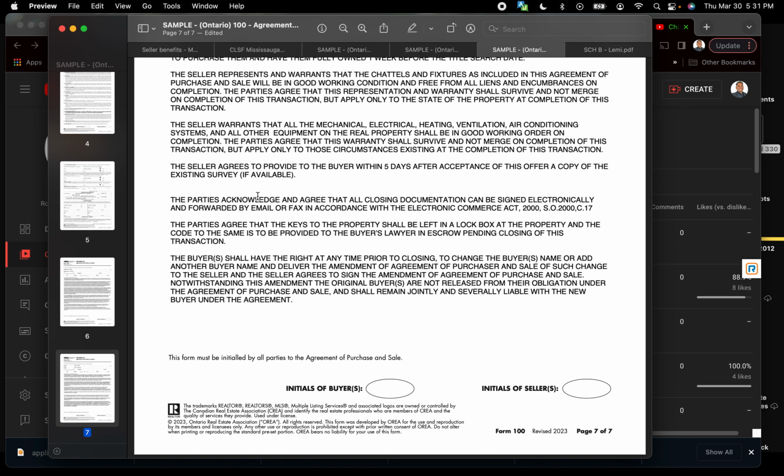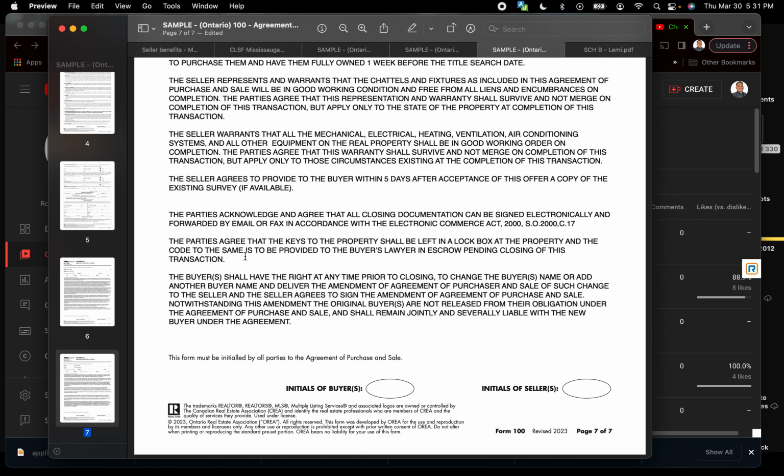Next is the parties acknowledge and agree that all closing documentation can be signed electronically and forwarded by email or fax in accordance with the Electronic Commerce Act. So again, just making sure that we can leverage e-signatures when it comes to signing these documents. The next is the parties agree that the keys to the property shall be left in a lockbox at the property, and the code to the same is to be provided to the buyers in escrow pending closing of this transaction.